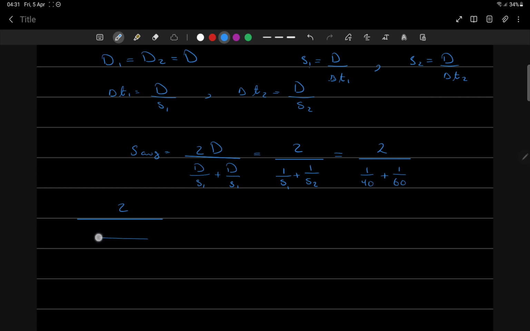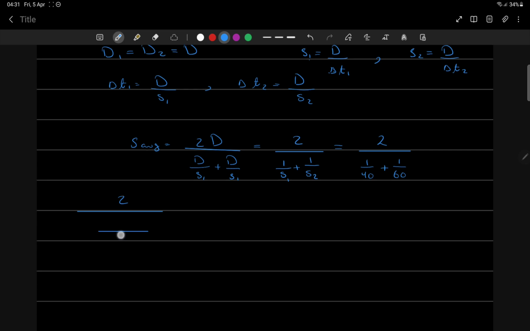Adding the fractions, 40 and 60, 120, so 3 plus 2, so it equals 2 multiplied by 120 divided by 5, which equals 48 kilometers per hour.